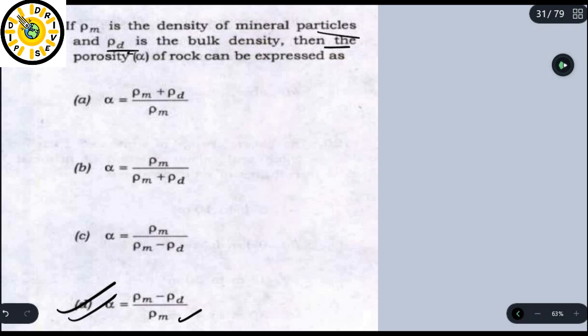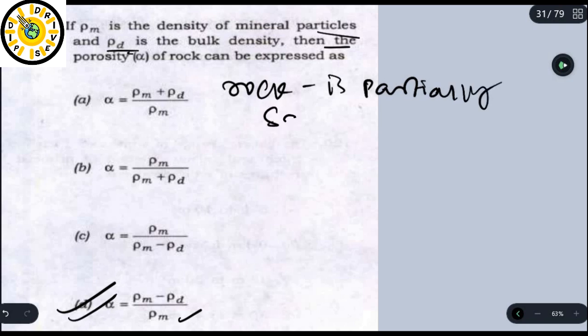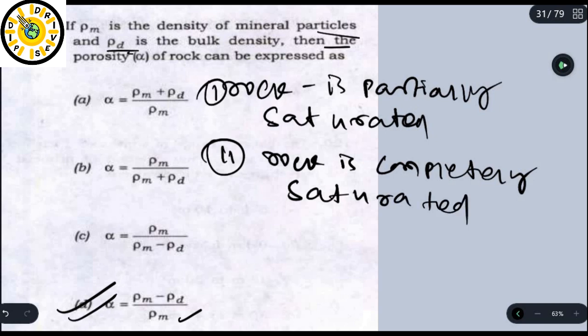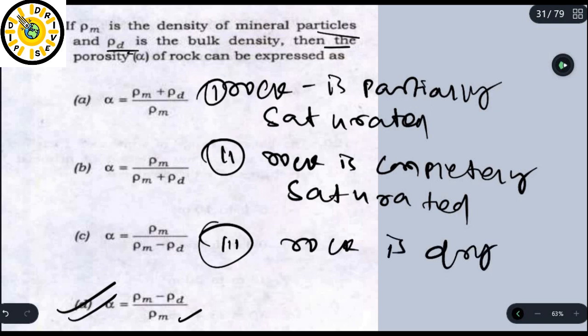It is not properly mentioned whether the rock is partially saturated, or whether the rock is completely saturated, or whether the rock is dry. It is not given actually.